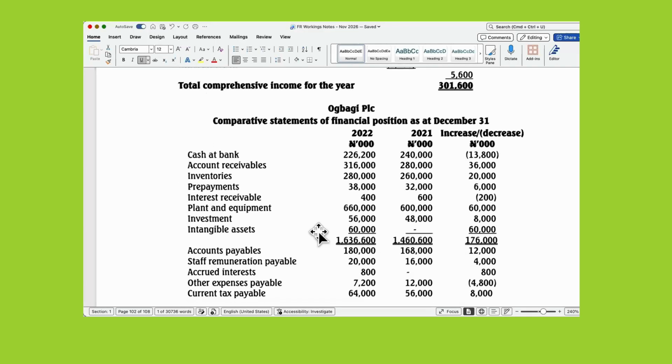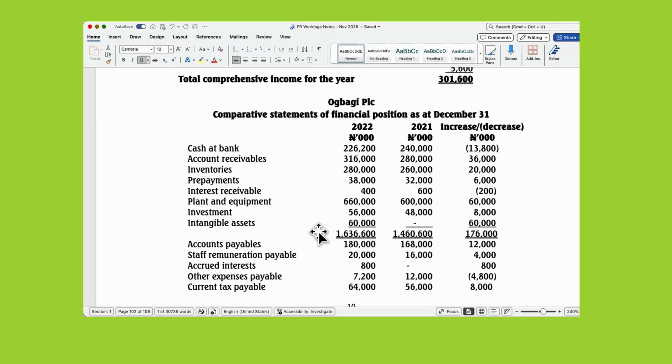And thankfully, if you look at the statement of financial position they gave us, they have made our life so easy. Is there anyone that can tell me why I'm emphasizing that they have made your life so easy in this question? The movement is given. They've already done the movement. Thank you very much. They have already given the movement.